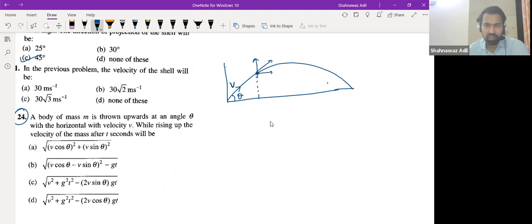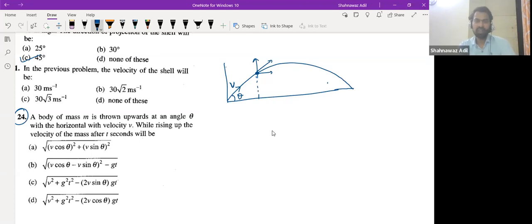Okay. Now we have to find out the velocity of the mass after t seconds while rising up. So we have to find the magnitude of velocity at this point, right?